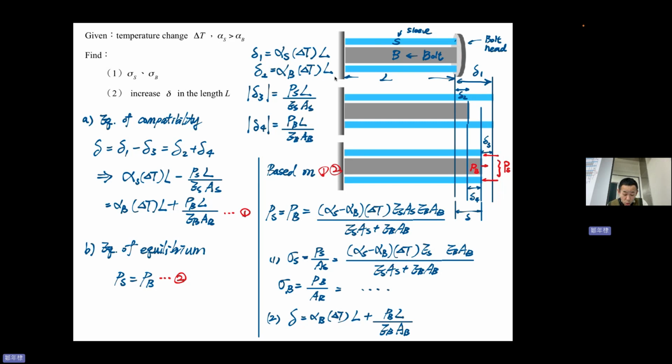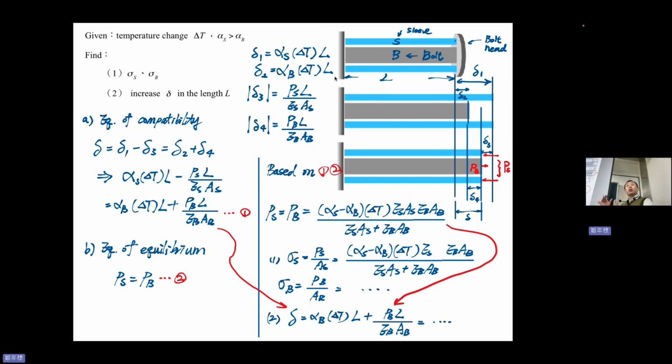Okay, so all you need to do is substitute PB into here, and you can obtain the final expression of delta. So I won't calculate that for you. You can just try it back home.